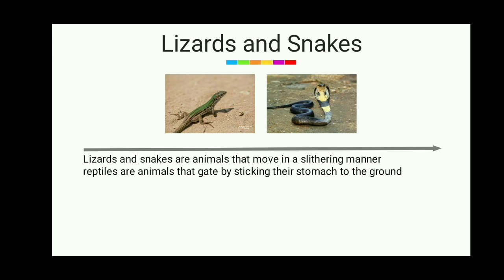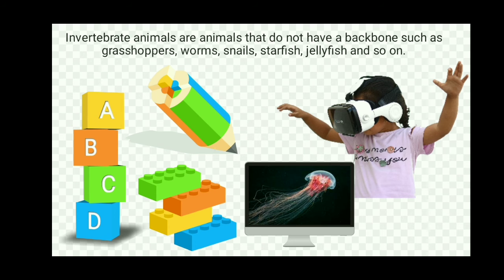Lizards and snakes are animals that move in a slithering manner. Reptiles are animals that get around by sticking their stomachs to the ground. Then, invertebrate animals are animals that do not have a backbone, such as grasshoppers, worms, snails, starfish, jellyfish, and so on.